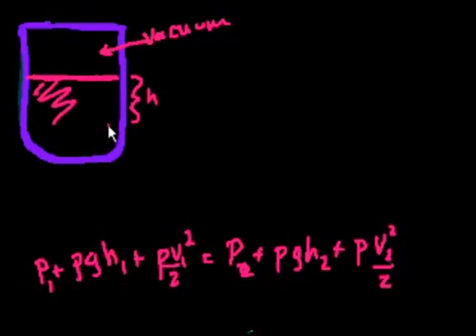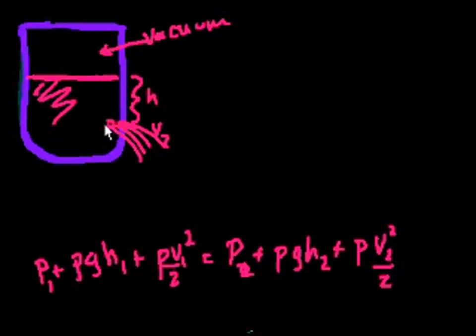I poke a hole right there. And fluid starts spurting out. And my question to you is, what is the output velocity of the fluid as a function of this height? And let me tell you something else.